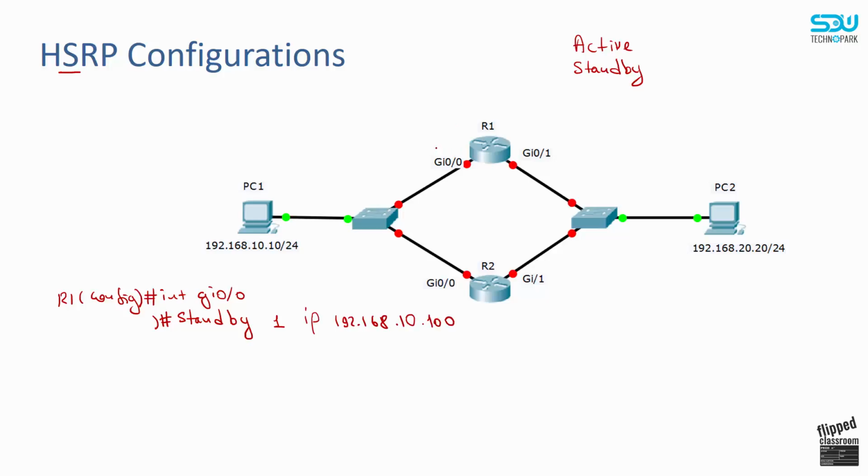And by the way, let me define that here we'll have IP address 10.1 with prefix 24, and here we'll have IP address 10.2 with the same prefix 24. Whereas our IP address of PC1 is 10.10.